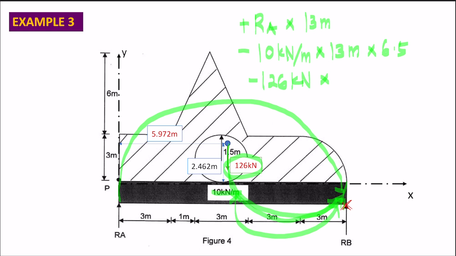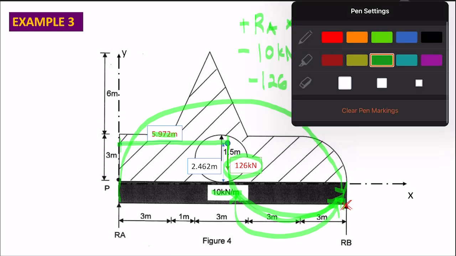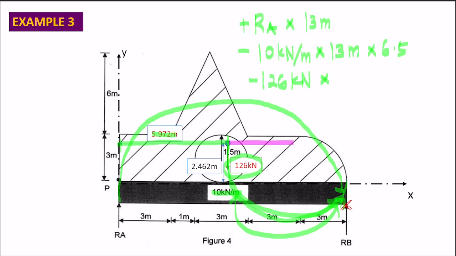And the distance from the centroid of the wall to B should be, sebab kita ada centroid dia adalah 5.972 daripada y-axis. So, we must minuskan distance from y-axis to B adalah 13 meter.